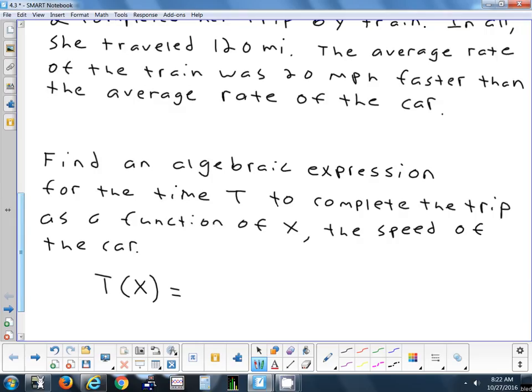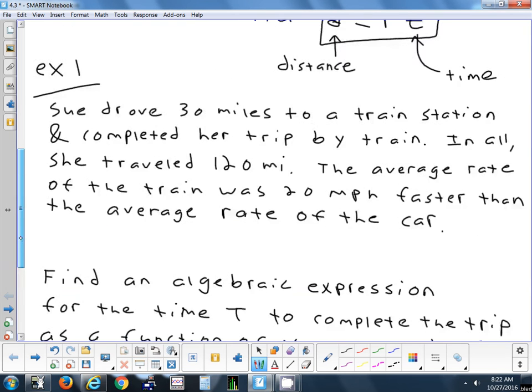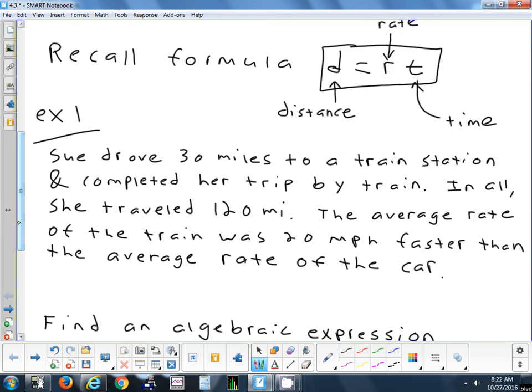All right, so we need a formula for time as a function of x. So looking at our distance equals rate times time, what is time equal to? Distance over rate. Right, it's distance divided by rate. Now, how many different rates do we have in this problem? We have 2. We have the rate of the train and the car.